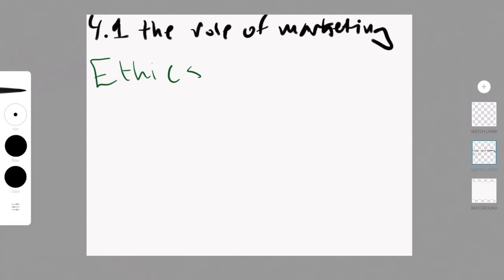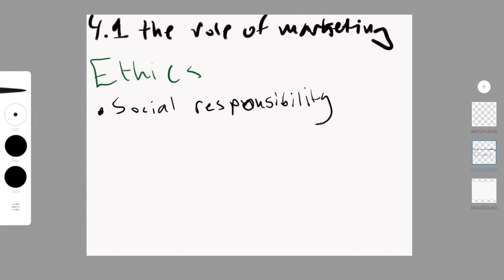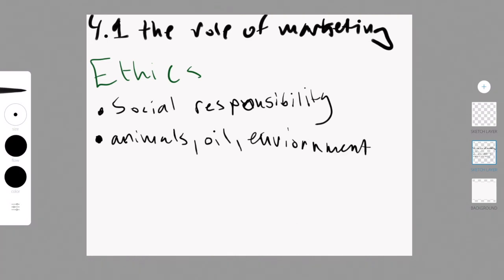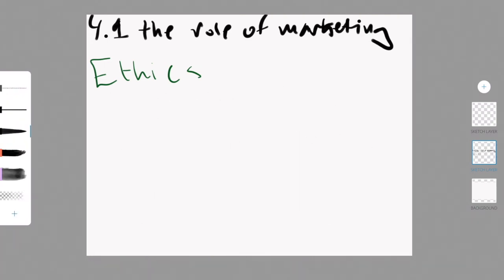And that is very important because otherwise you may lose customers because people don't want to work with or support someone who is not up to their standard. For instance, there are also laws put in place about ethics, like how you are not allowed to sell cigarettes without there being a label on the cigarette package that says that cigarettes can kill. This is a form of taking social responsibility.